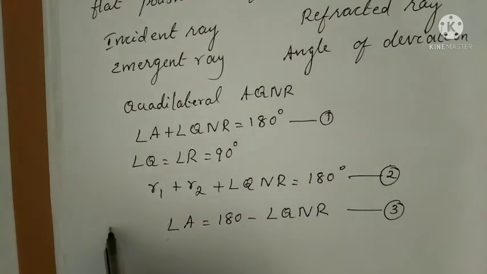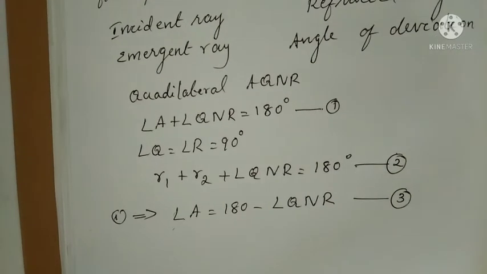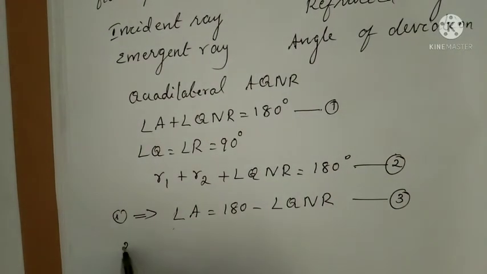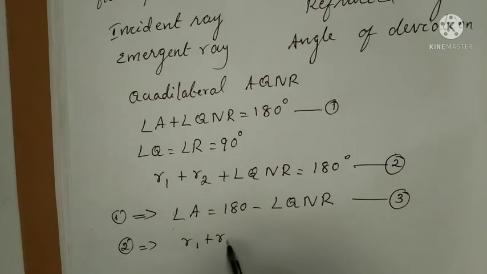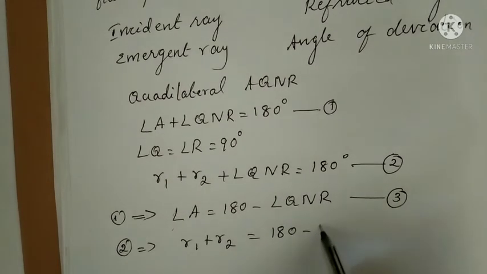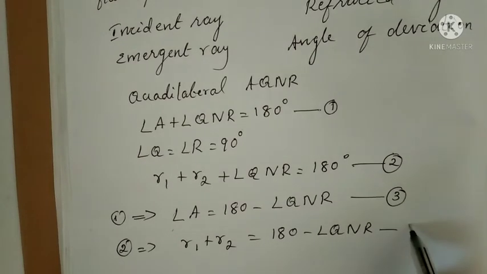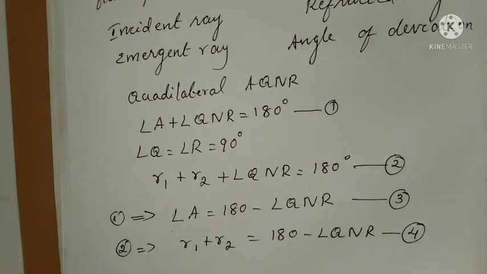Then equation 2 implies R1 plus R2 equals 180 minus angle QNR. That is noted as equation number 4.